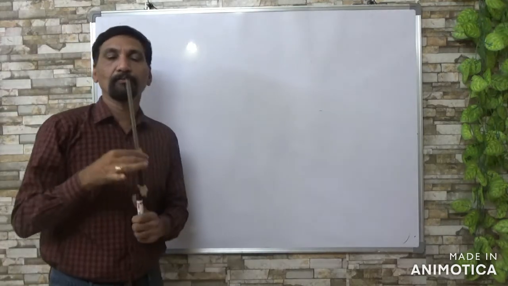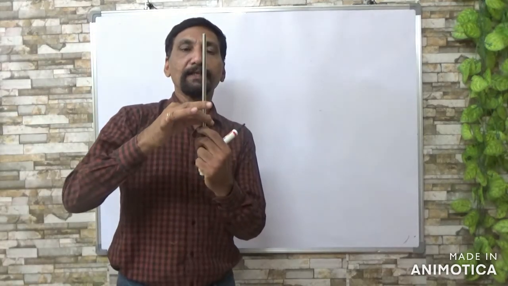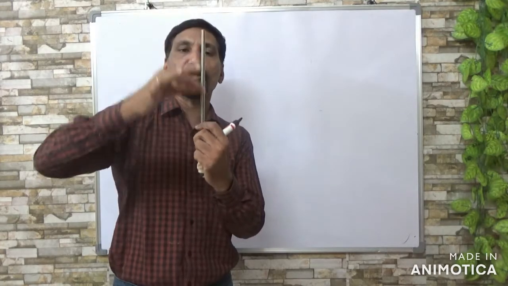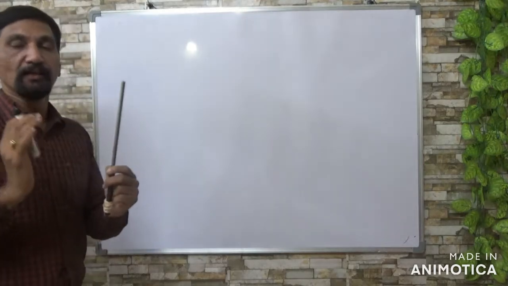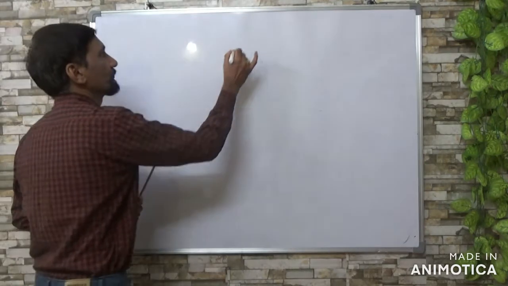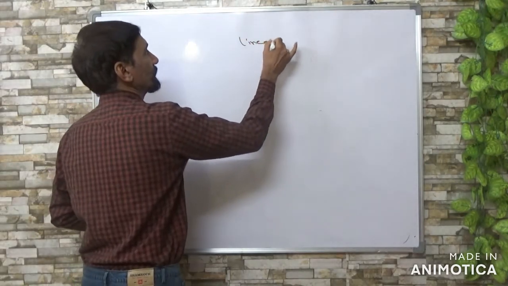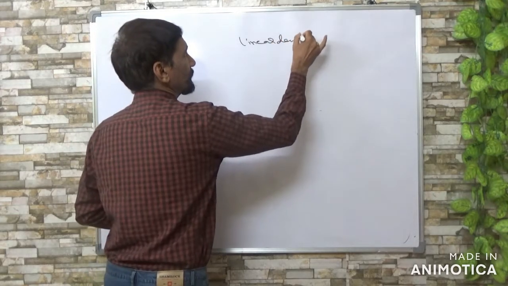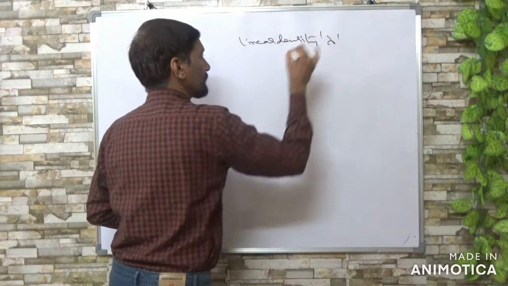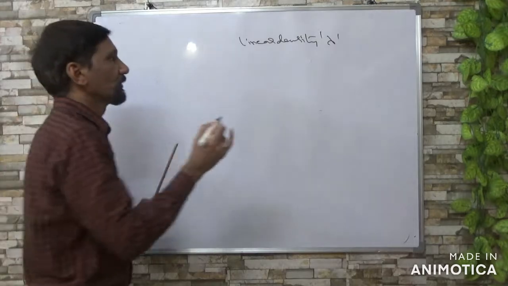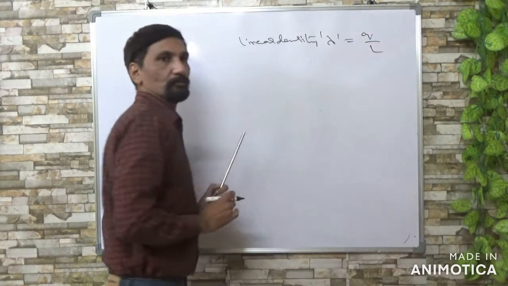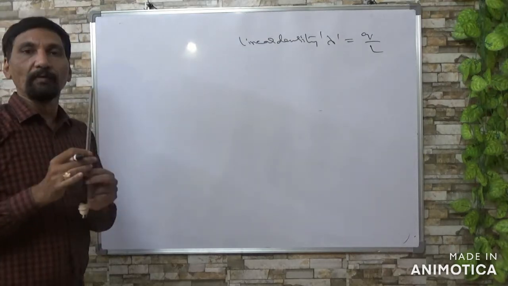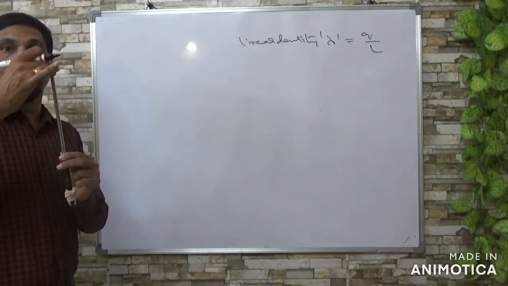So I have taken a long, thin, uniform charged wire of linear density lambda. How do you define linear density? You know, charge by length. So our aim is to find the field strength.